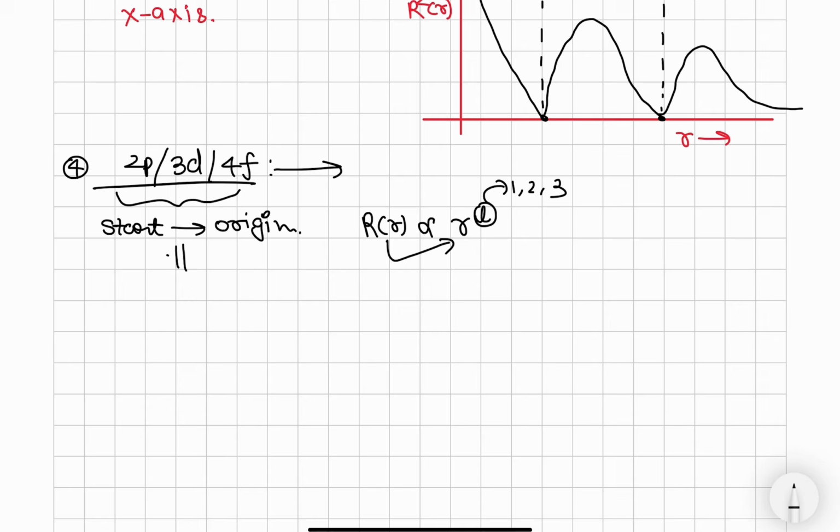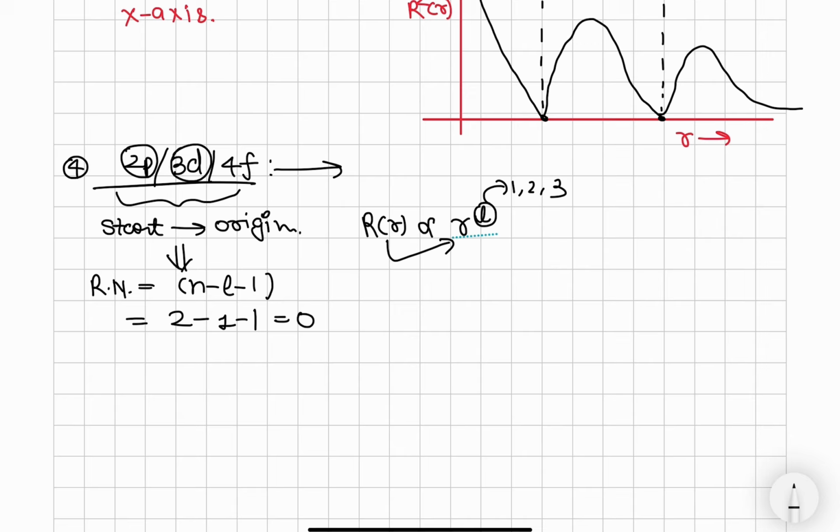So find out cut with x-axis. For this, find out radial node. Radial node n minus L minus 1. What is the value of n for 2p orbital? For 2p orbital, n is 2 minus L is 1 minus 1 is equal to 0.